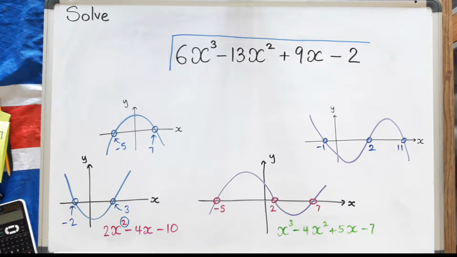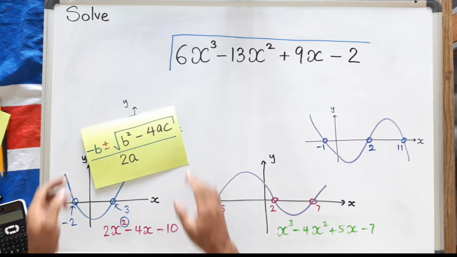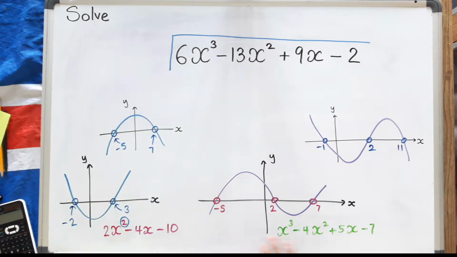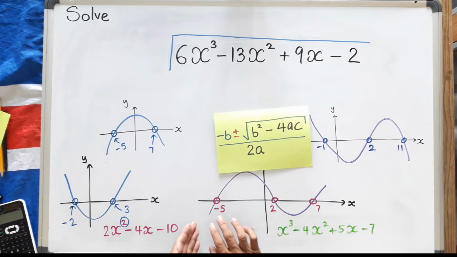Now, here's the thing. To solve a quadratic, or to figure out where it cuts the x-axis, there's an easy way. You can just use the quadratic formula, or you could factorize and put each bracket equal to 0. But for a cubic, there isn't a formula to figure out where it cuts the x-axis. It has more of a procedure.